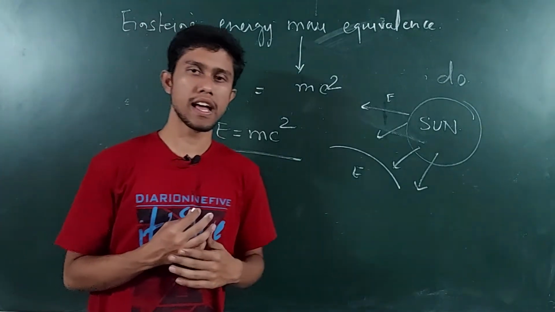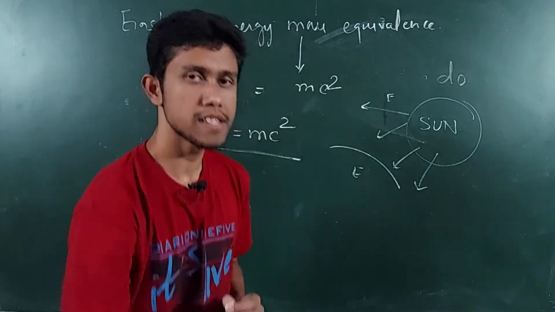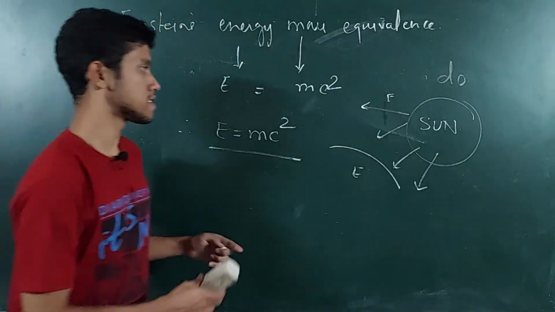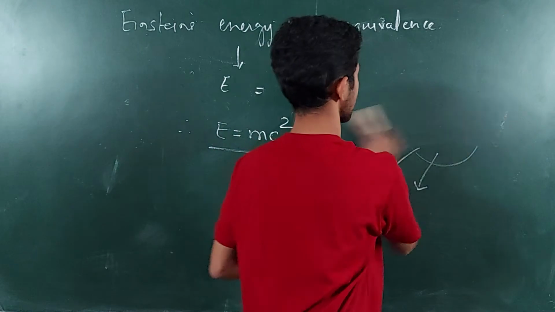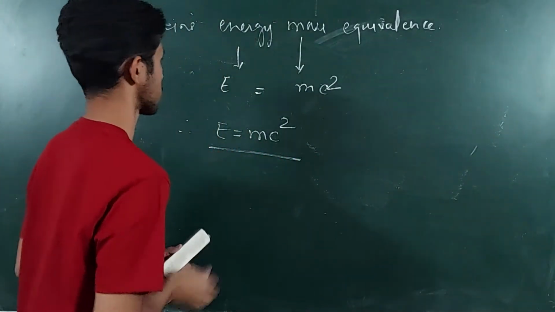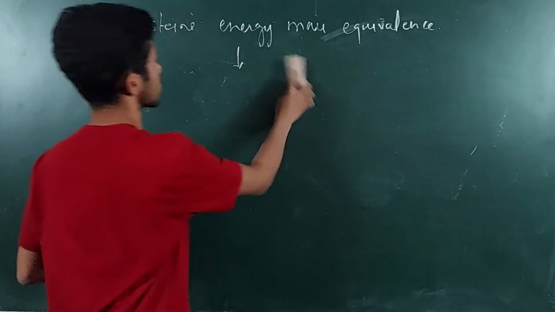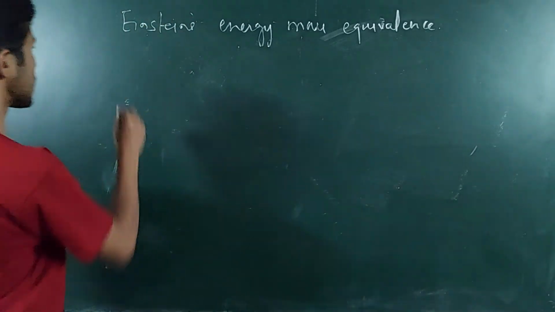Now let's extrapolate this expression to some new details. So the expression is E is equals to mc square. Tell me, mass is in kgs, c square, where c is the speed of light, is meter per second square.